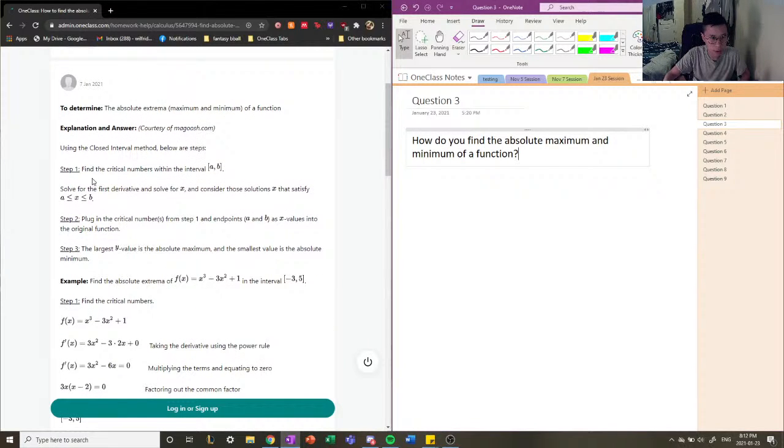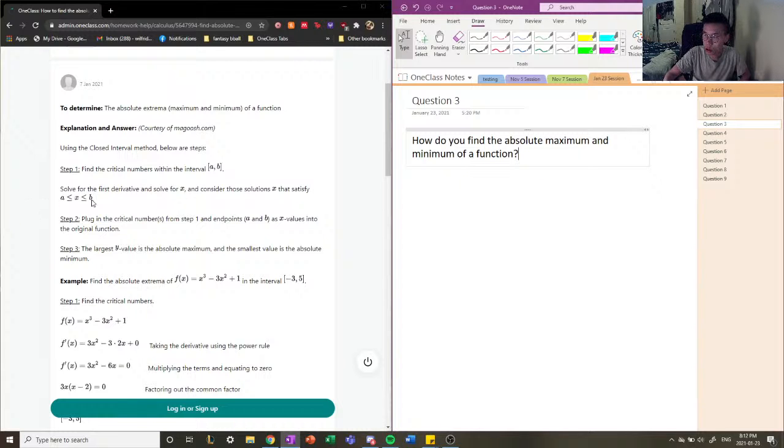So the first thing is that we need to find the critical numbers within the interval. So that means that we need to solve for the derivative of our function. And by doing so, we have to set our derivative equal to 0 and find the values of x that satisfy our derivative being equal to 0. Okay?